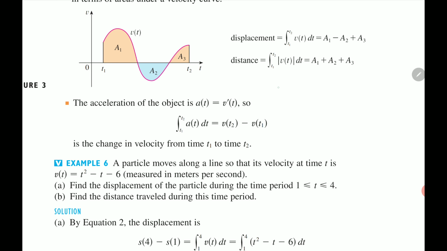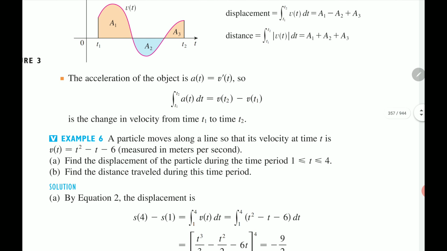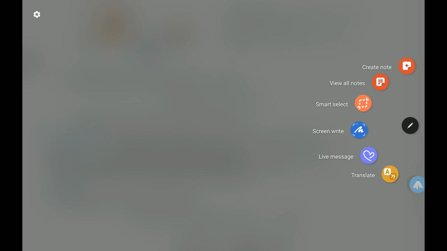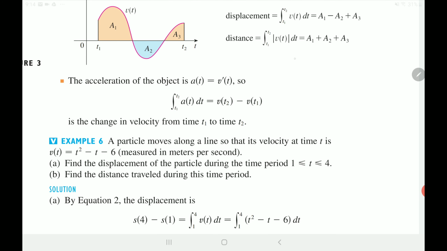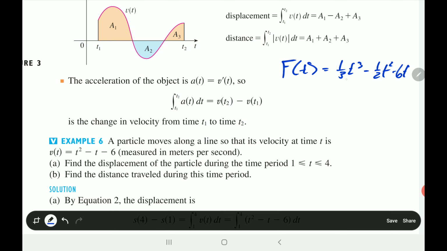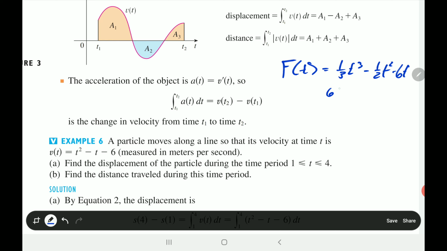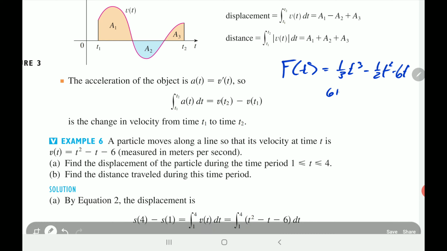So if I remember, screen right again. So f of t was 1/3 t cubed minus 1/2 t squared minus 6t, and it's minus, not plus, so if I plug in 4, I get 64 over 3.